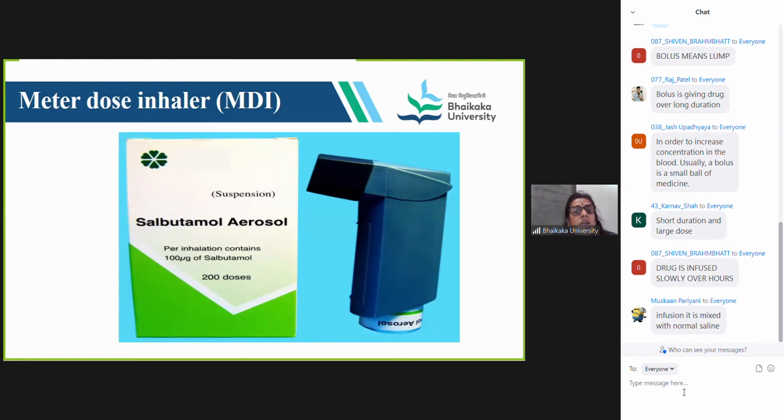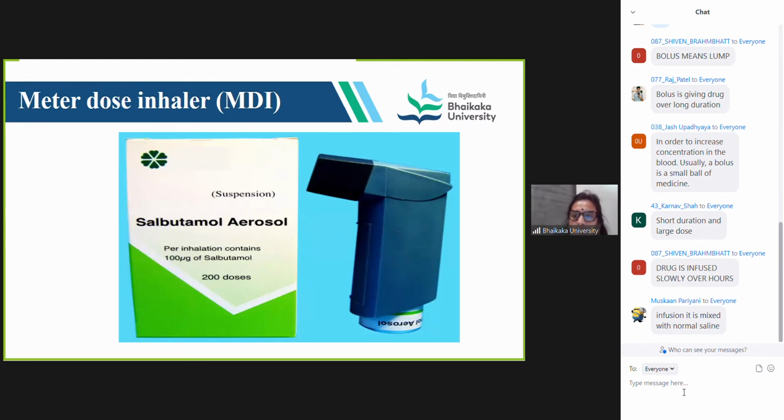There are certain devices which are used. Once you join physically, you have to demonstrate how to use these devices. There are certain devices which are used for this route. First, I have pictured here the metered dose inhaler.